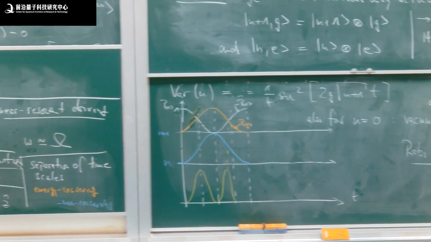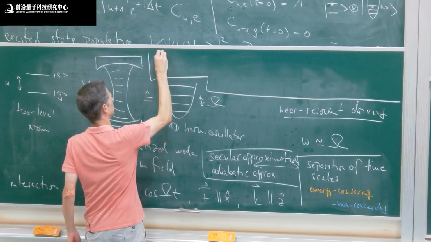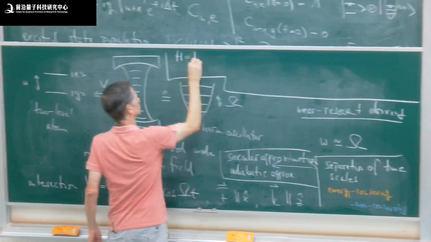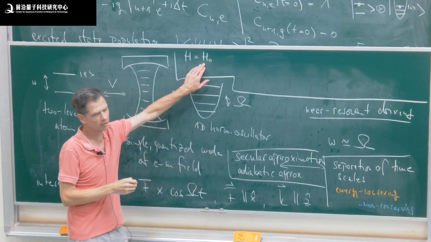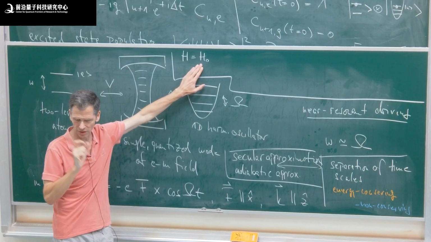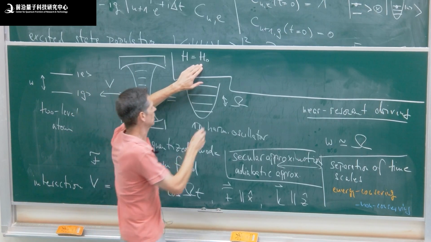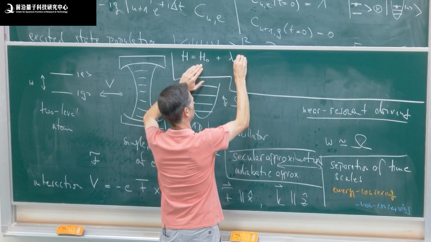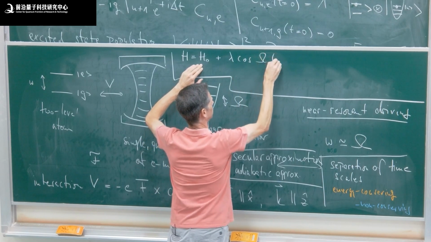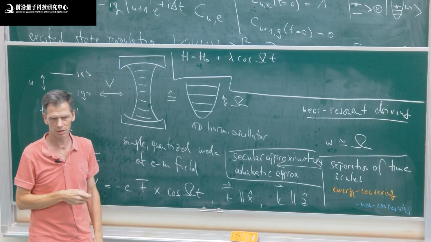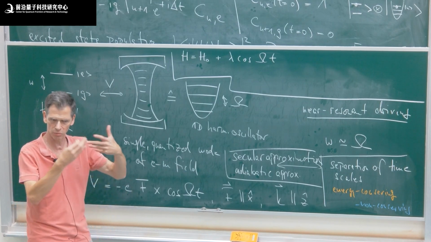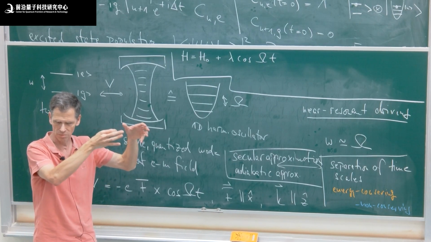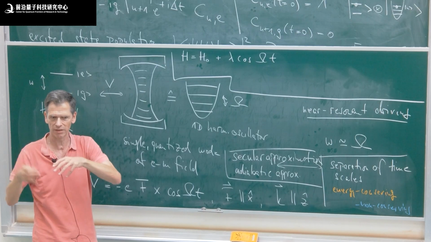So now we were considering a Hamiltonian, which was H naught. I lumped together in H naught the atomic and the harmonic oscillator part, plus something like, let's call it now lambda times cosine omega t, this driving term. And from this we derived this form, sigma plus sigma dagger times A plus A dagger, right?